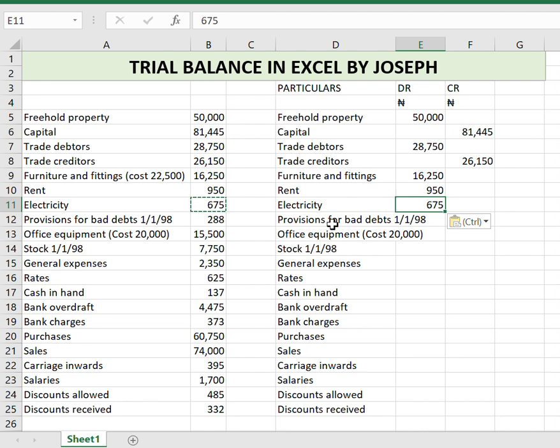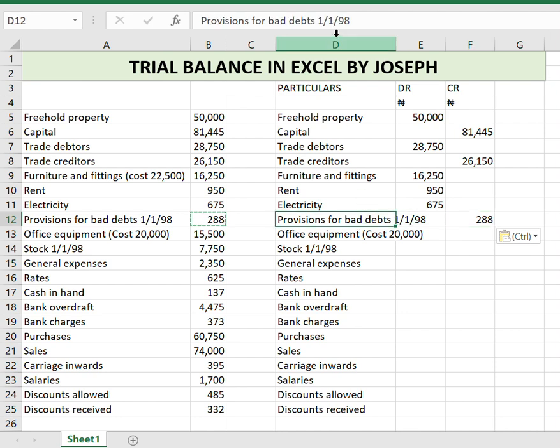Then for provision for bad debt, this is an income because you are making provision for bad debt. So we have to copy it. It must be on the credit side, by the rules of trial balance.